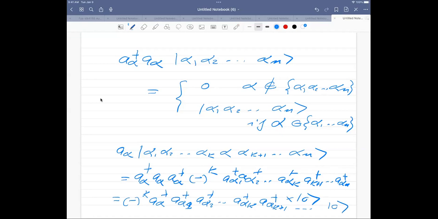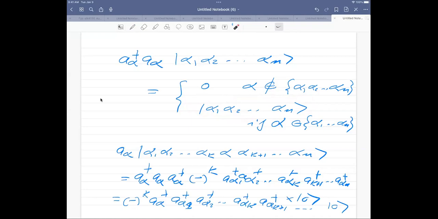And then I move this alpha here back to the slot where it was, and then I have to make K interchanges of creation operators. And when I've done that, then I'm back to the same state as we set up here. So this actually gives us back the same state.